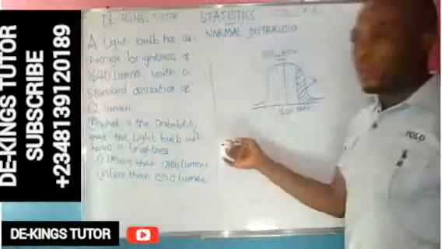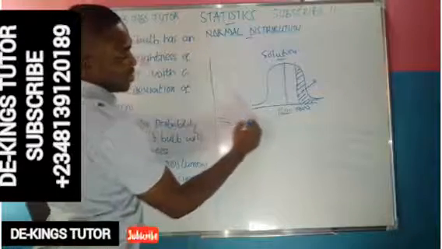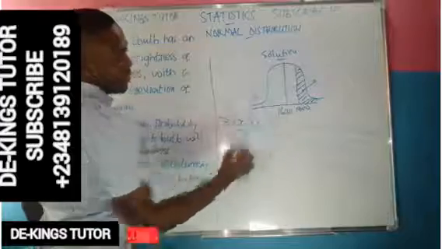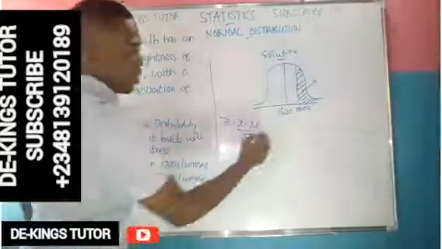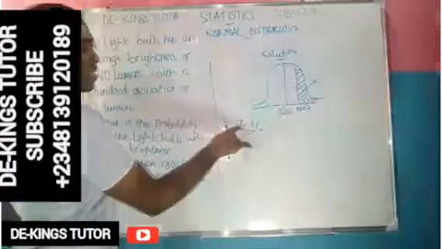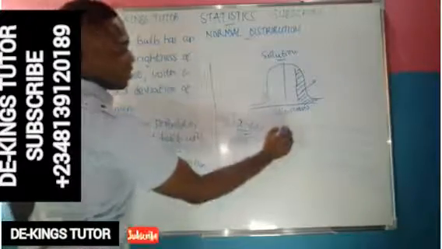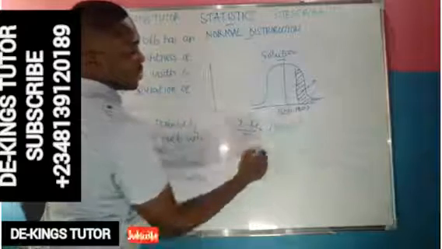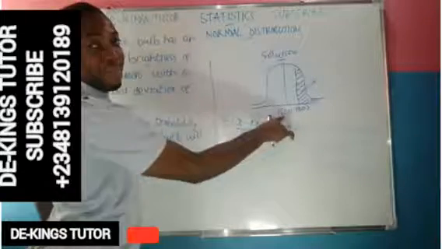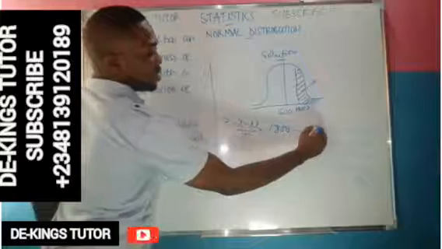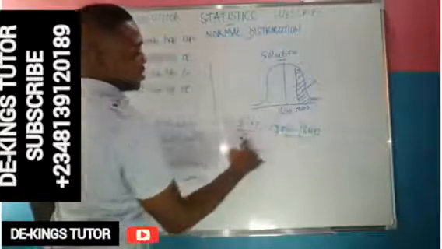Now we recall the formula for the z. Remember our z, we said it is x minus mu over standard deviation. Remember our x is giving us 1,800. 1,800 minus our mu as our mean, this average is 1,640, over the standard deviation.